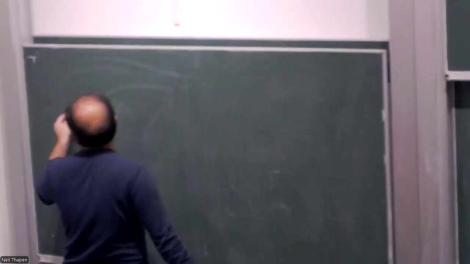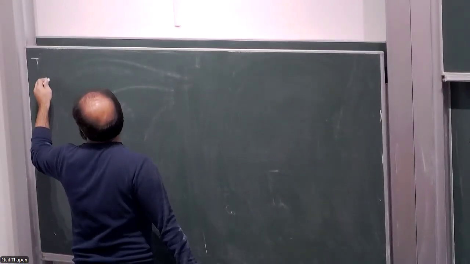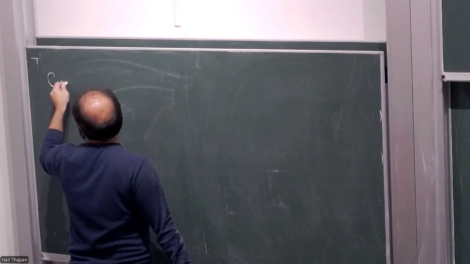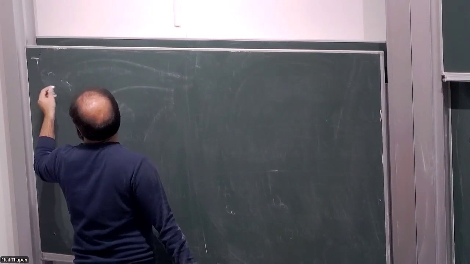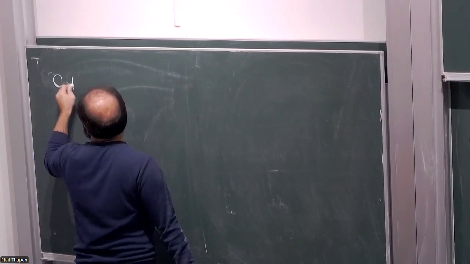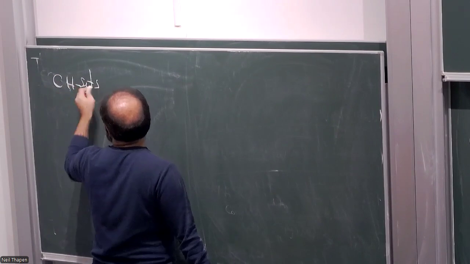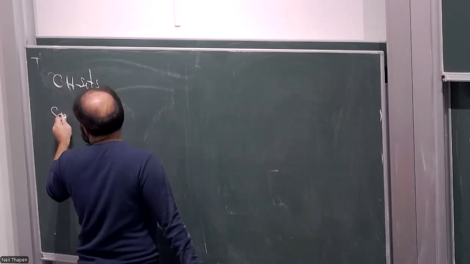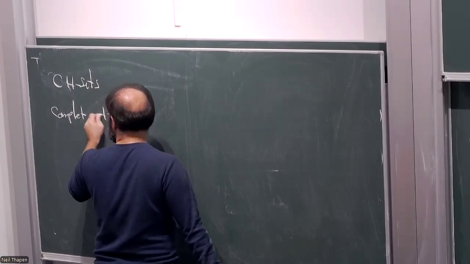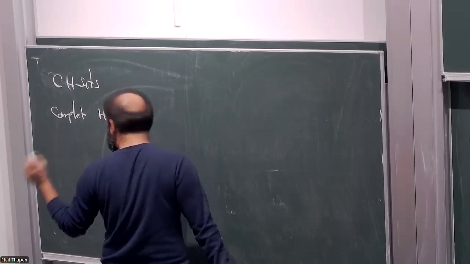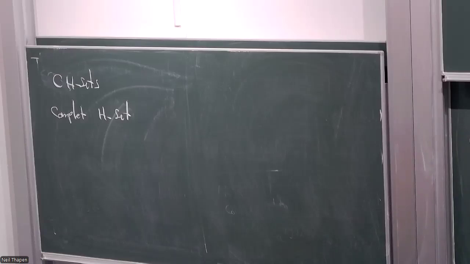So we have H sets and complete H sets. The objects are complete H sets, as I defined. The maps are exactly the maps you mentioned.